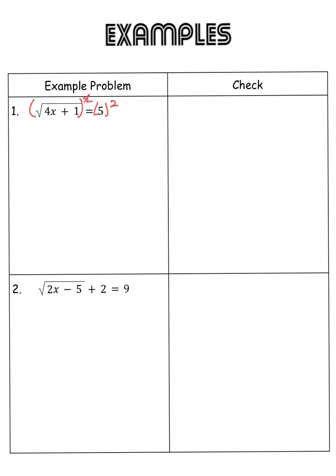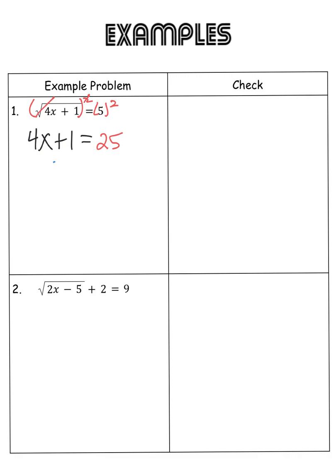Now this square cancels out the square root symbol. So on the left-hand side, we have just 4x plus 1 remaining. And on the right-hand side, we have 25 remaining because we did 5 squared. Now we're going to solve for x in the remaining equation.